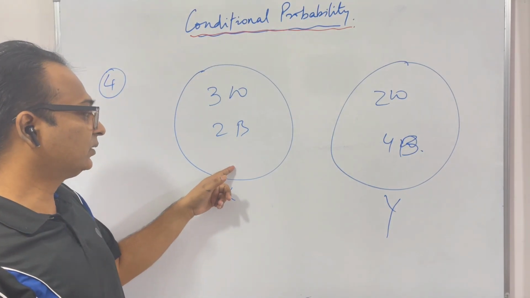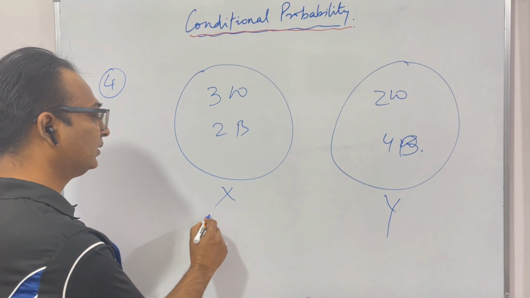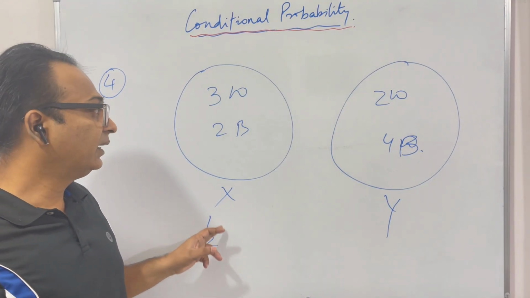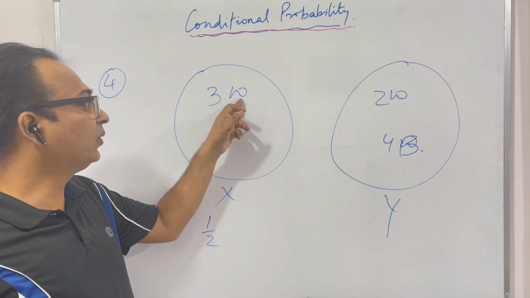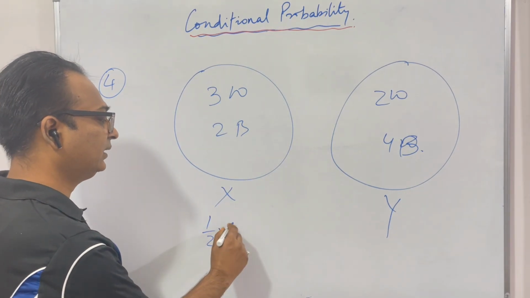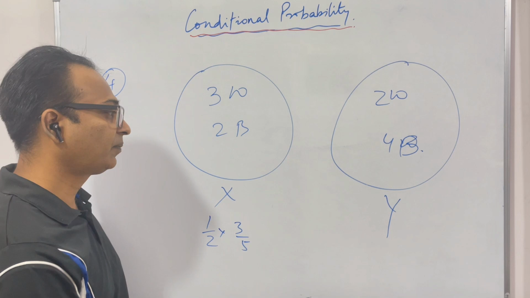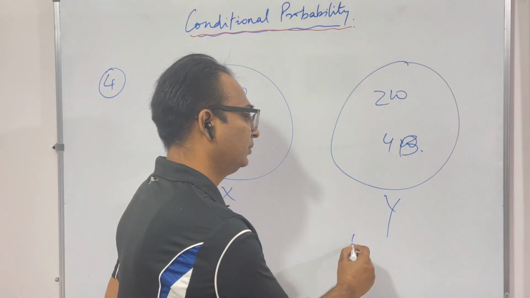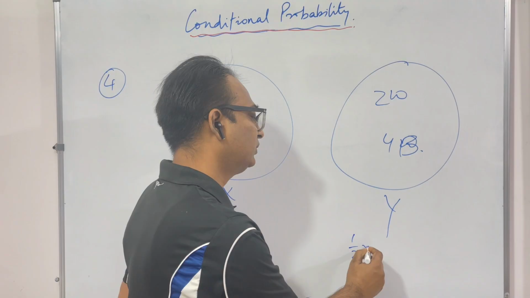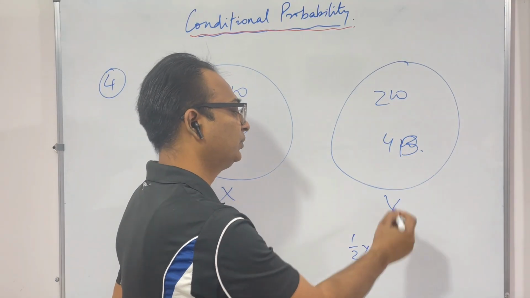When we pick this ball, the probability of picking X was 1 by 2 and picking a white ball from this is 3 plus 2 is 5, that is 3 by 5. Here the probability of picking Y is half and picking white is 2 by 4 plus 2, 6.